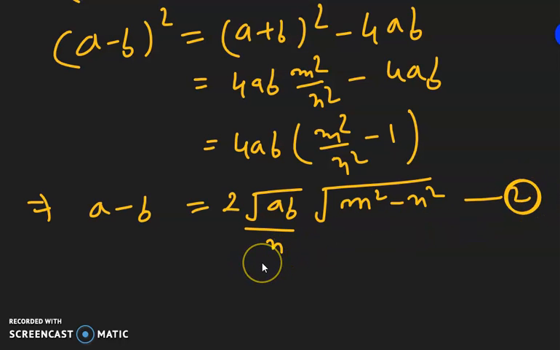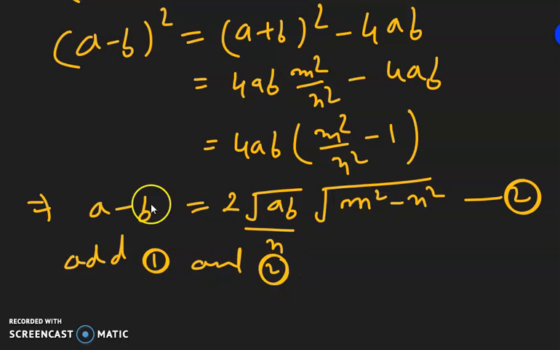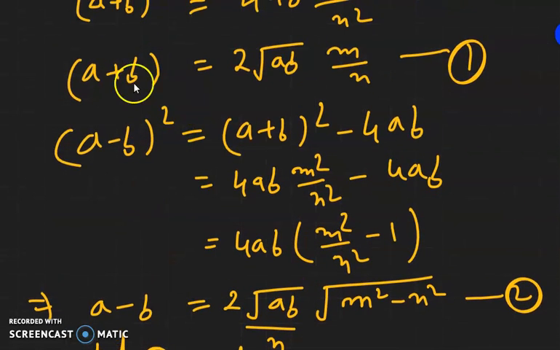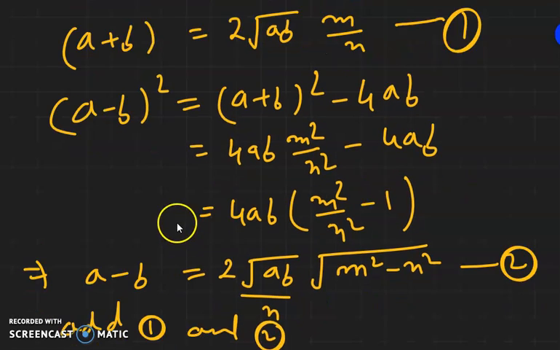From 1 and 2, can we solve these equations for a and b? See, when we add 1 and 2, what do we get? b and b will get cancelled, because one was a plus b equal to 2 root ab times m by n, and our equation 2 is this.